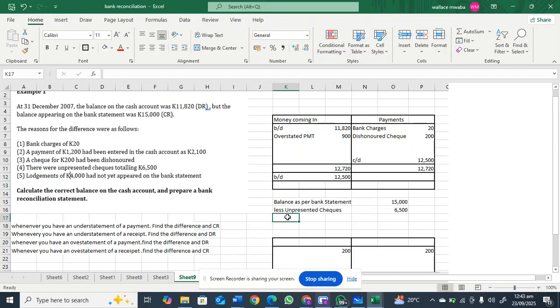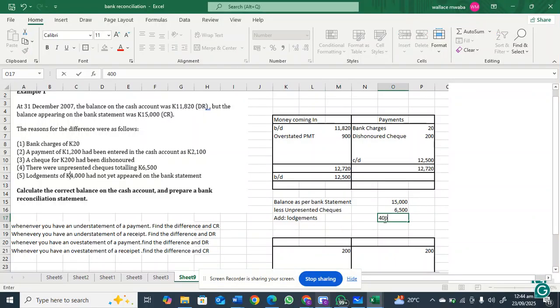Then you're going to say add lodgements or uncredited checks. If you see the word lodgement or uncredited check, just know it's money coming in. So here, this 4,000, this is money coming in. That's why we're adding.